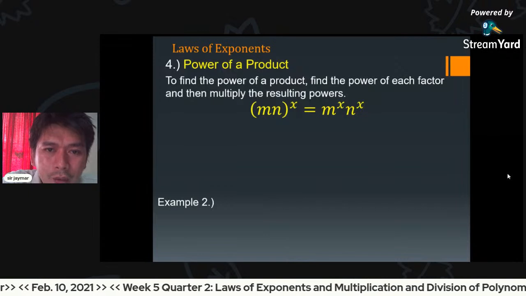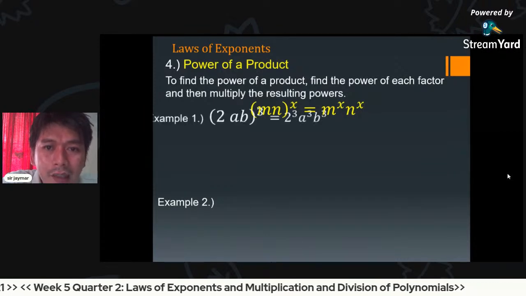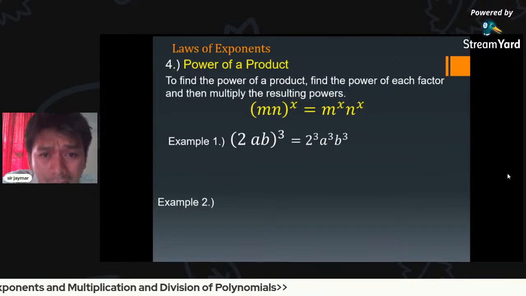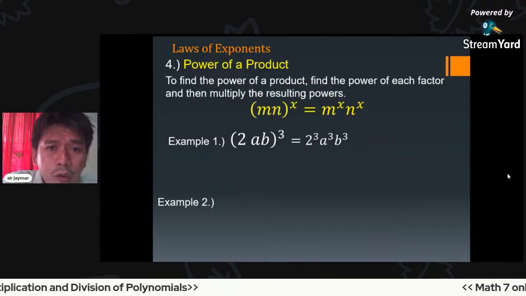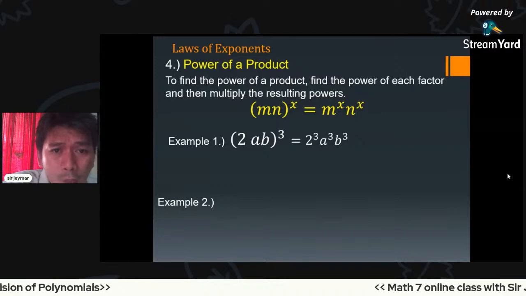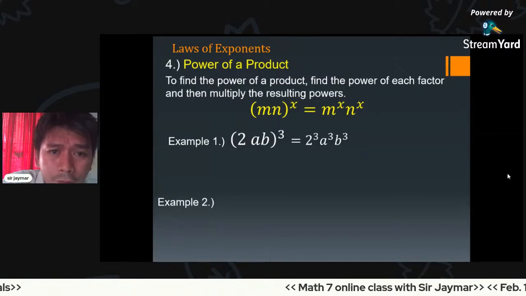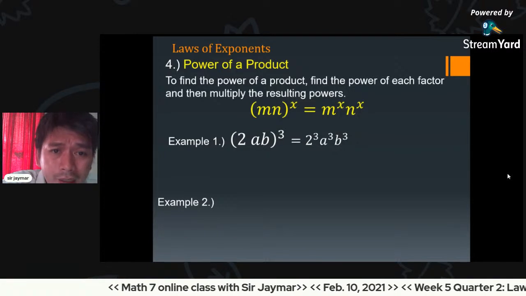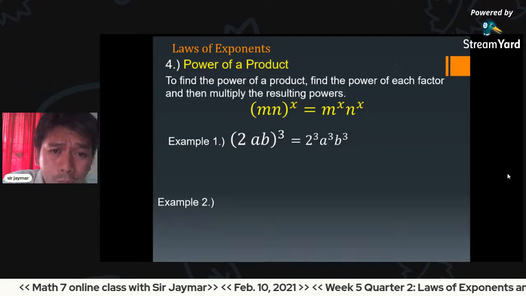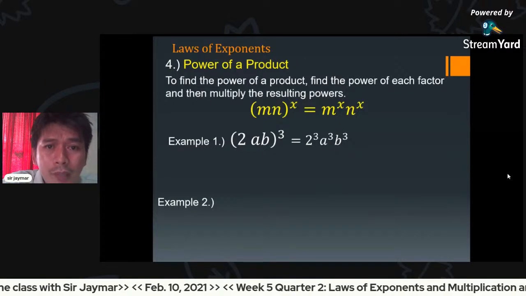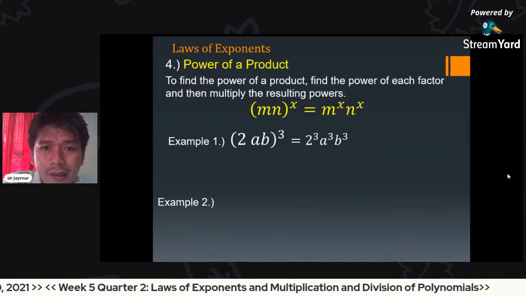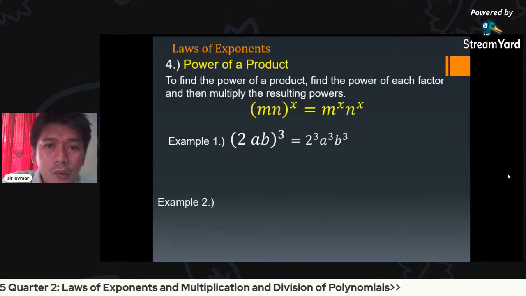It shows that m has the exponent x, and n also has the exponent x. If the variable m has no number in the exponent, it is understood to be 1. So 1 times x will be x, and for n, 1 times x will become x. That is why m raised to x, n raised to x.